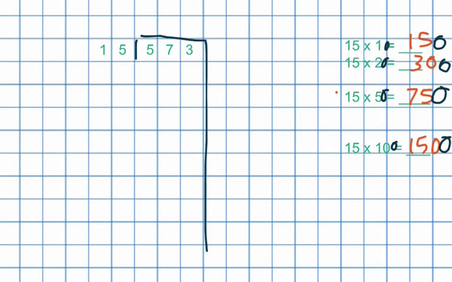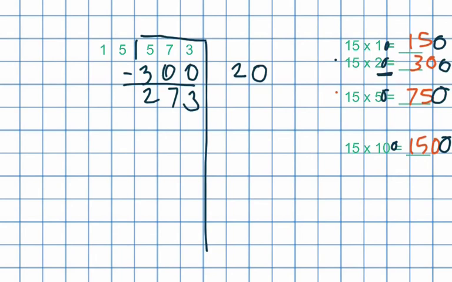So I'm going to subtract out 300. 573 minus 300 would simply be 273. And I want to write down, what did I multiply 15 by to get 300? Well, I multiplied it by 20. So I'm going to put my 20 on the side.